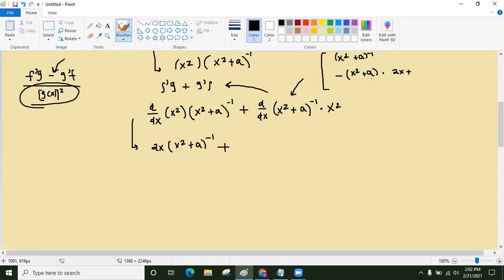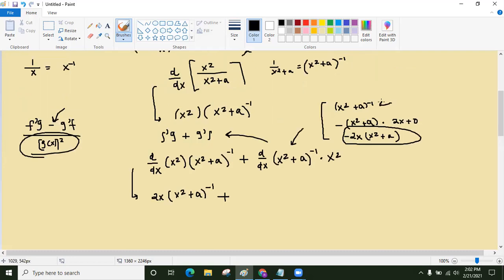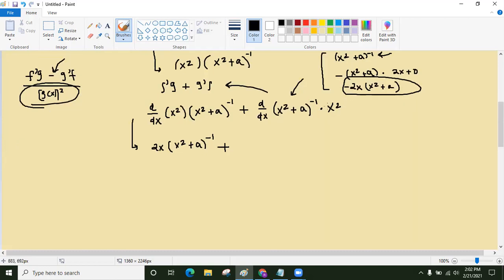Now a in this particular problem is a constant, so we know that the derivative of a constant is 0, so we just get 0 here, which leaves us with negative 2x within parentheses of x squared plus a, which is our final derivative for this particular problem, but a subset of our original problem.